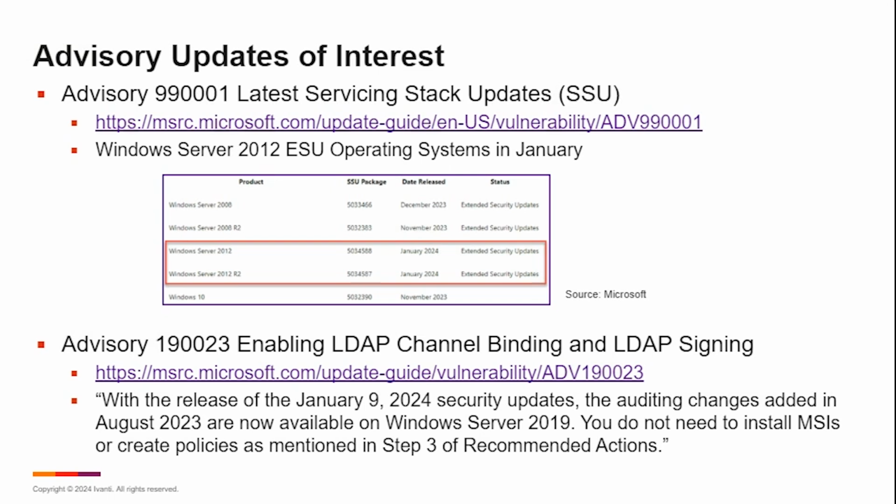There's no need to install or change anything else here. If you've already done the guidance within this advisory before, all you're getting is additional events will start to show up in there now that Microsoft has added them on the Server 2019 platform. So most likely nothing to be worried about on that one.